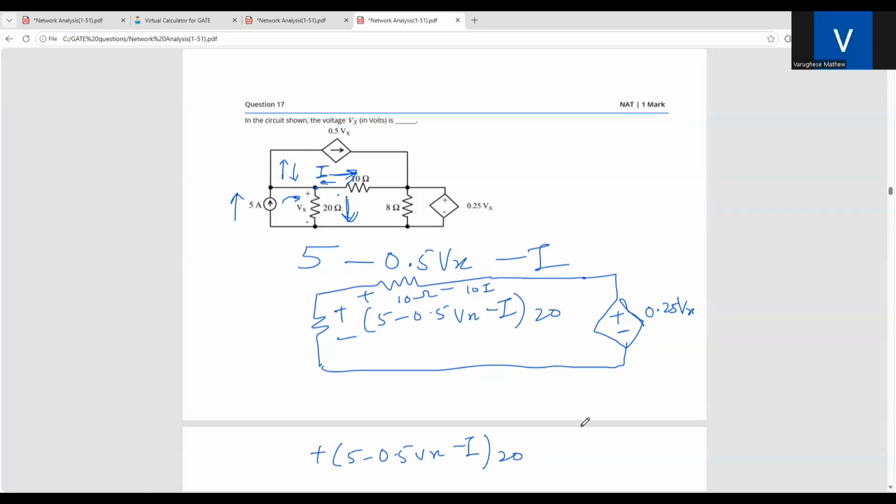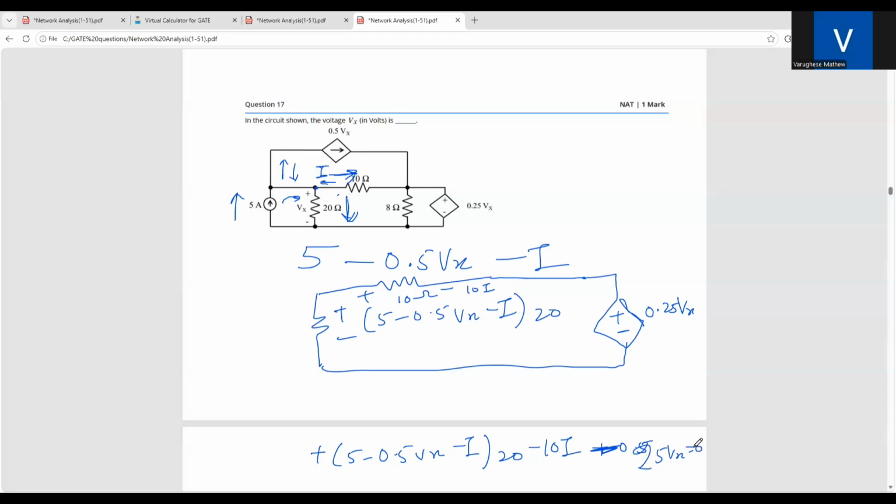What is this drop? 10 into current. Minus 10 I. Minus 0.25 Vx is equal to 0.